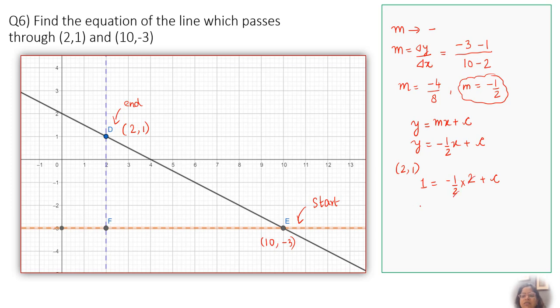Cancel, cancel. So we get 1 equals -1 plus c. So this obviously simplifies to the value of c being equal to 2. So both put together, the final equation is y equals -1/2 x plus 2. This is the final equation for the line in this case.